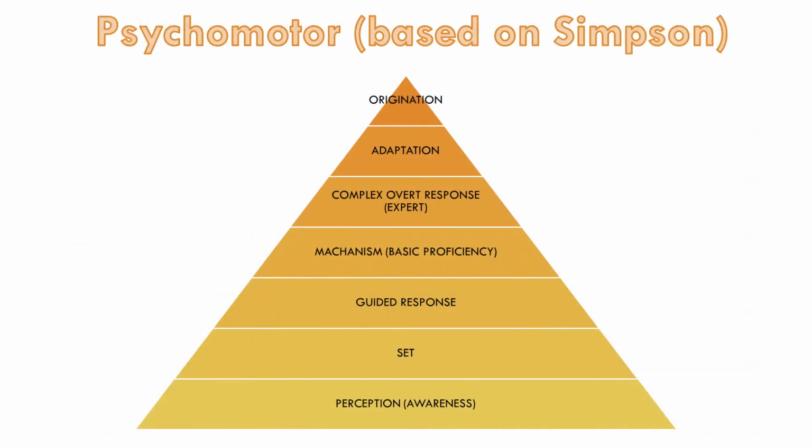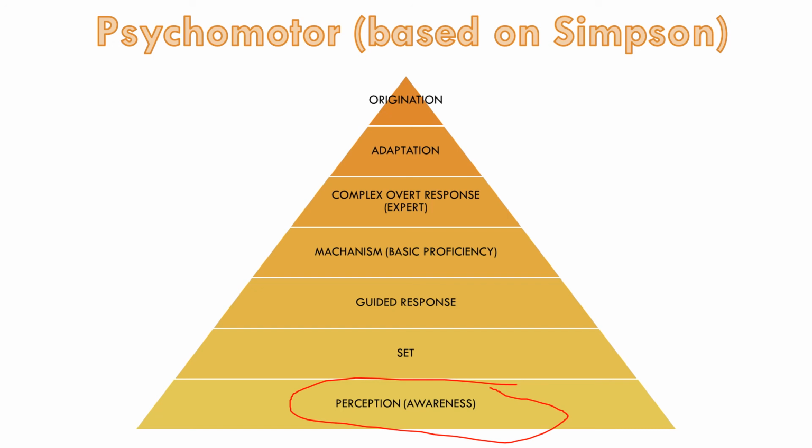Next is the psychomotor base. This particular arrangement is based on Simpson. Okay, so according to him, yung pinakamababang level is the perception or awareness. Please be reminded that in your psychomotor domain, the lowest level is actually more on awareness, no?